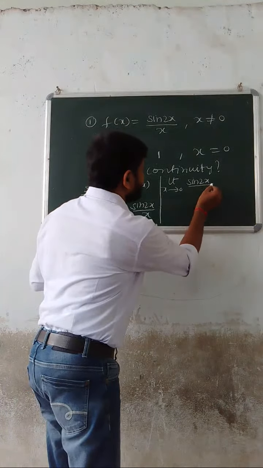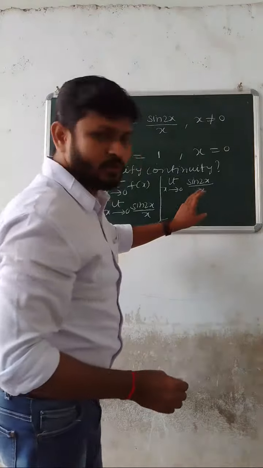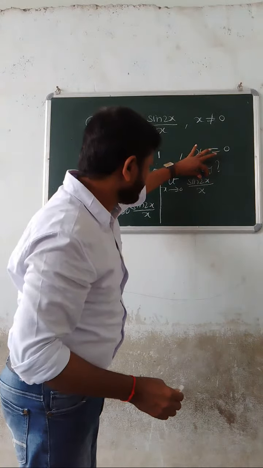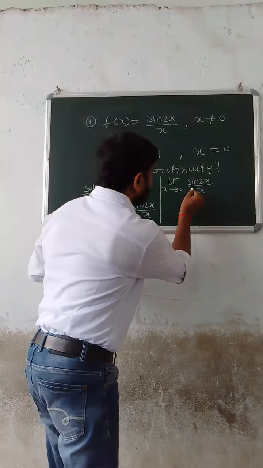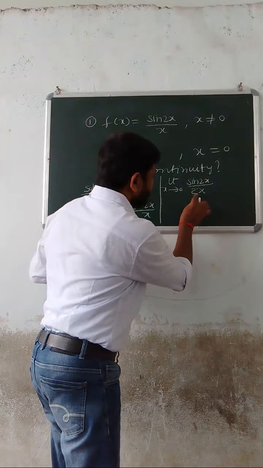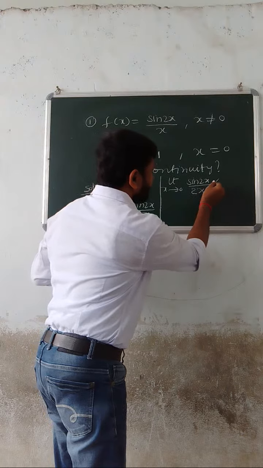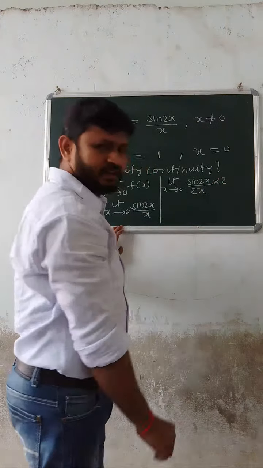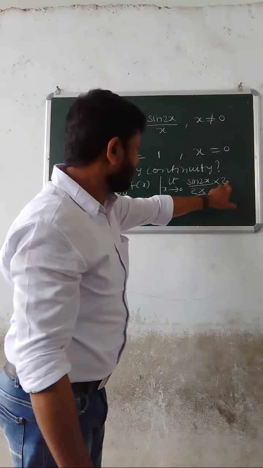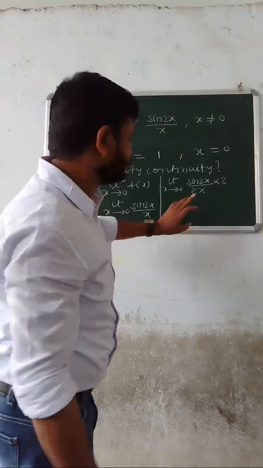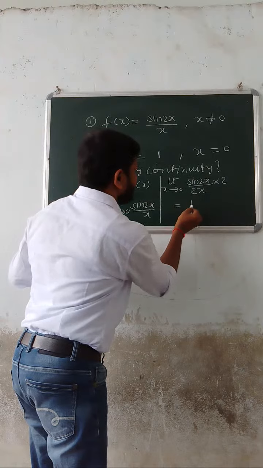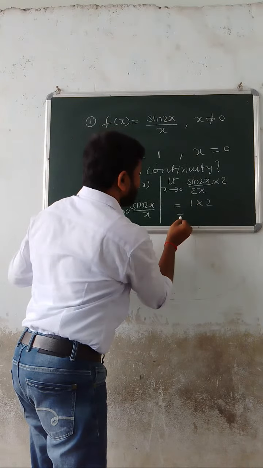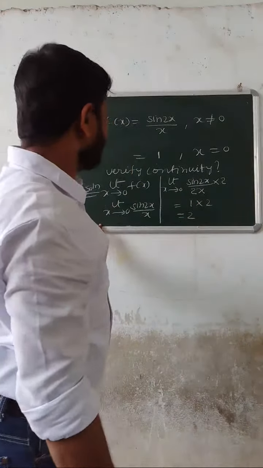Here we have sin 2x by x, but we have to use 2x in the denominator also. So put 2, multiplied by 2 in the numerator and also in the denominator. Now sin x by x is 1, into 2, that is 2. What is our limit value? 2.